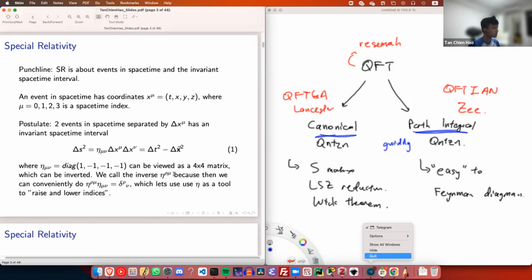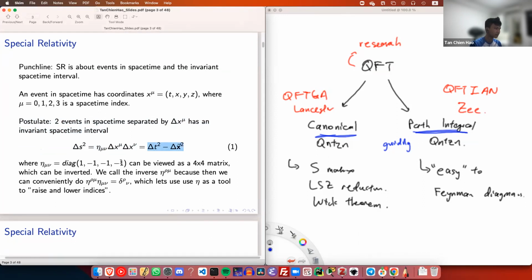For special relativity, the main postulate is that two events in space-time have an invariant space-time interval, which is this formula over here, and one can read off the metric from it.